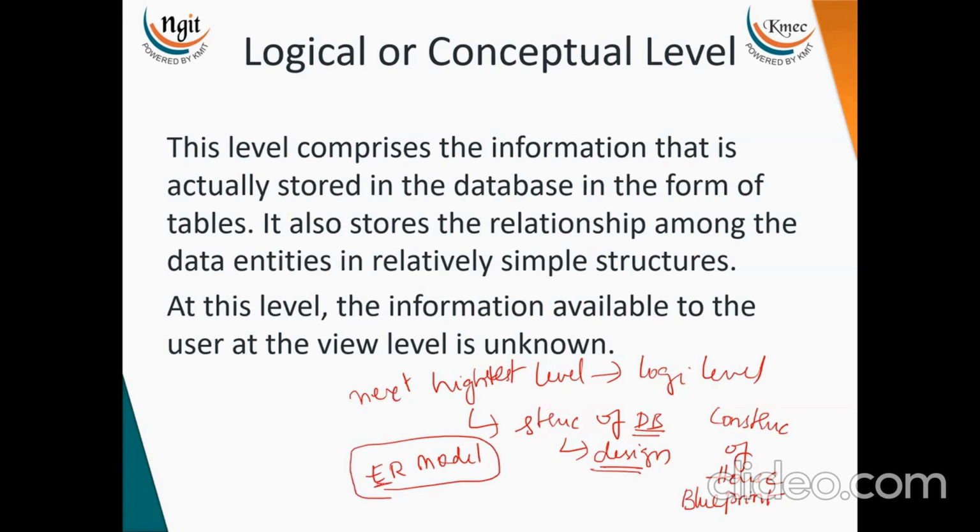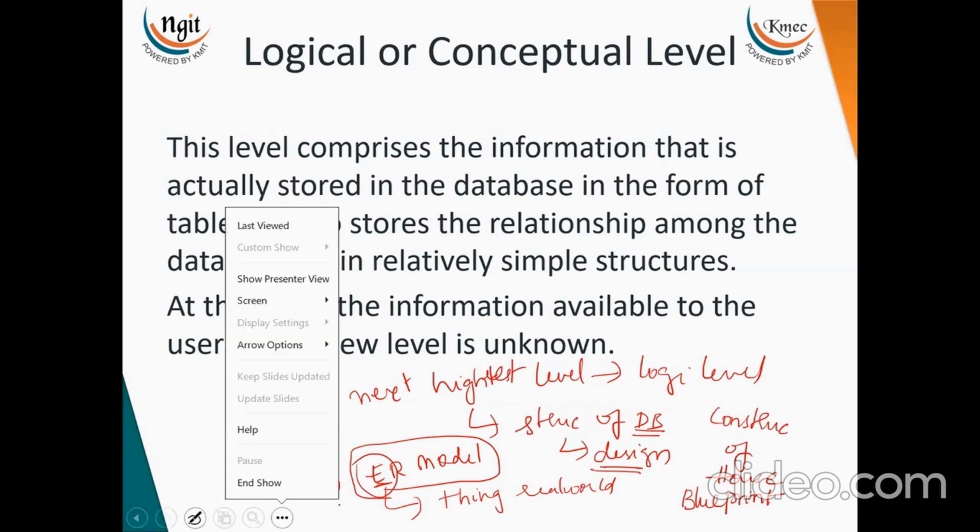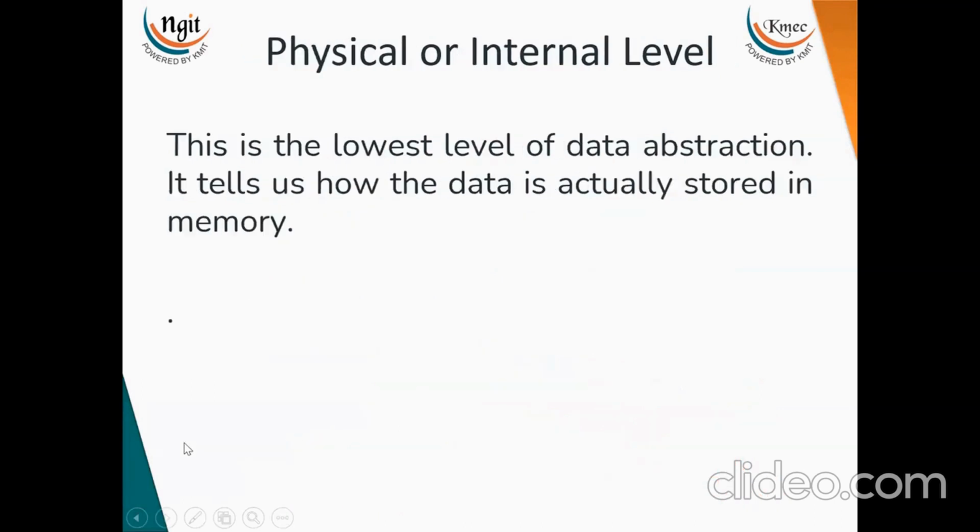E stands for entity. Entity is a thing which exists in the real world. Anything which has got a physical existence can be considered as an entity. For example, we can take vehicle as an entity. You can take marker as an entity. Person can be considered as an entity. So this is an example for entity.